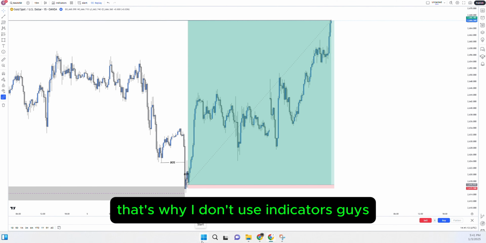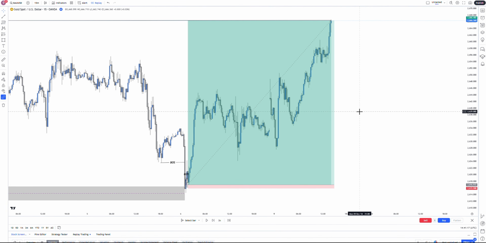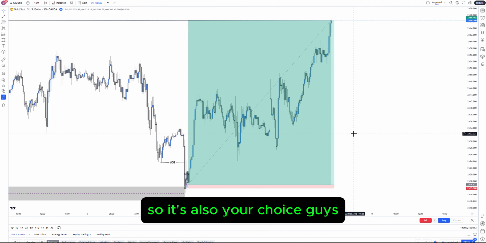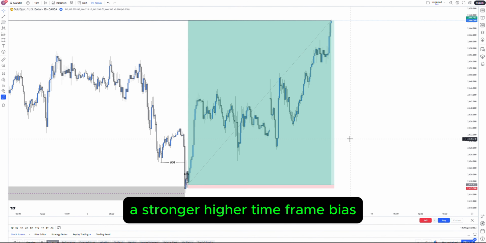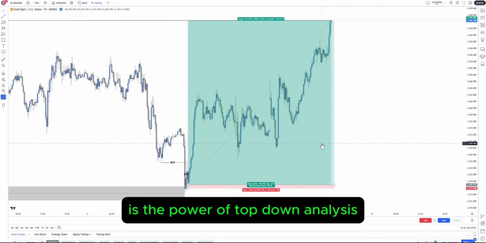That's why I don't use indicators, guys. I only trade plain charts, as you can see. So it's also your choice, guys. See how everything comes together in this example: a stronger higher time frame bias, refined levels, and precise entry points. This is the power of top-down analysis.